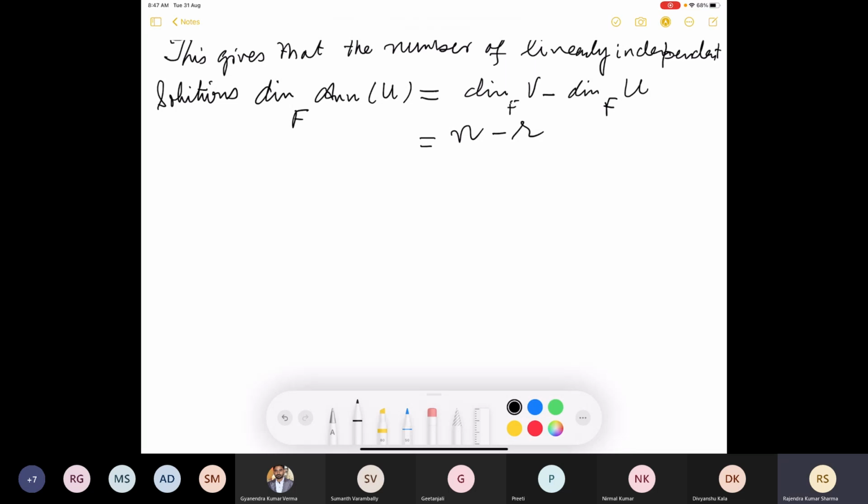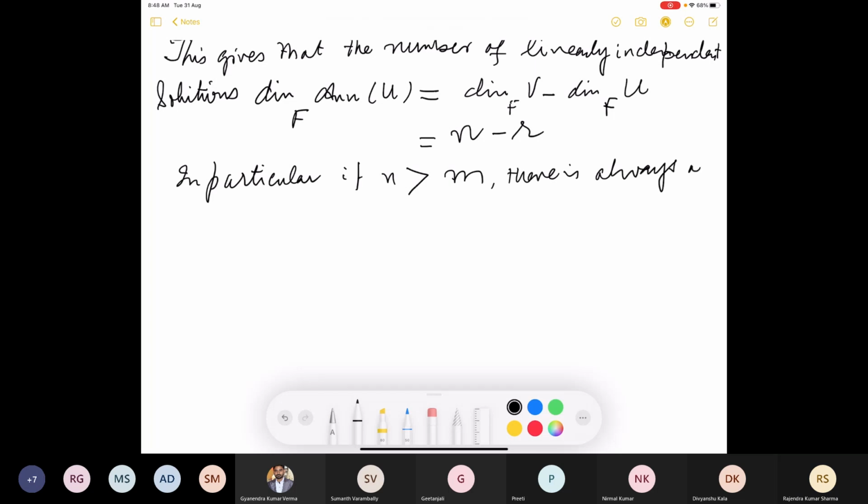You can also conclude that in particular, if N is greater than M, M is the number of equations, in that case, there is always a solution. And this is a non-trivial solution, because in that case, this N minus R is positive.